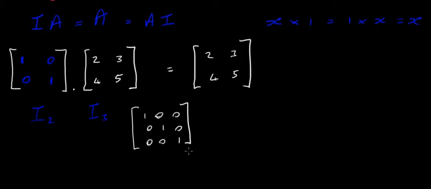You can see the ones are in the diagonal of the matrix, from top left to bottom right, and everything else is just a 0. So this would be my I3. There's also an I4, I5, and so on. They're all square matrices, as you'll find out.